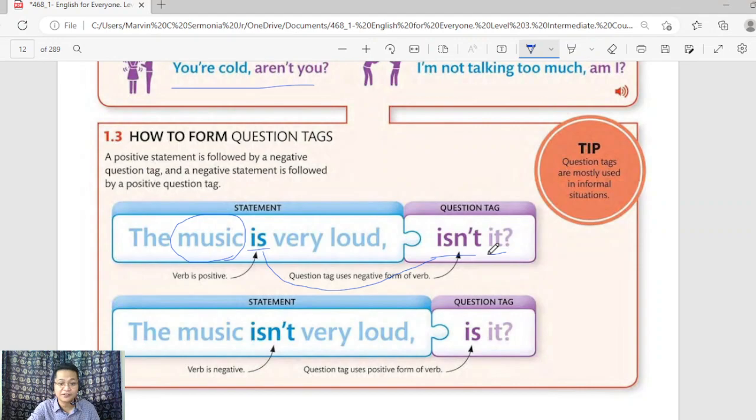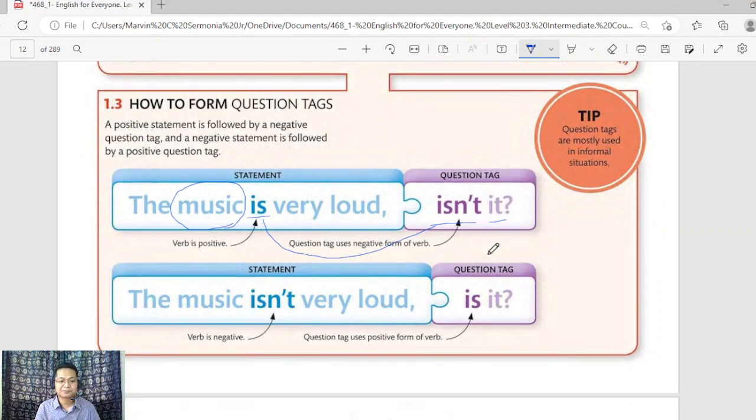We also have another example for you to understand it better. This time, the statement or the verb is negative. The music isn't very loud. So, how will we make the question tag if the statement is negative? If the statement or the verb is negative, the question tag should be positive.